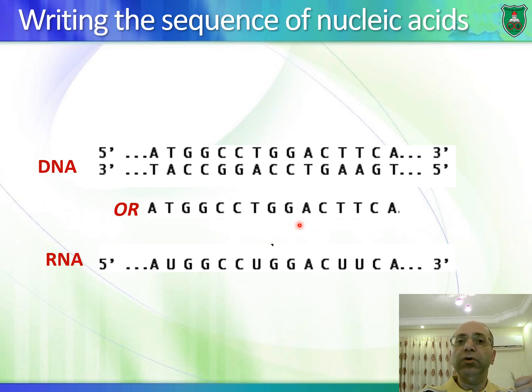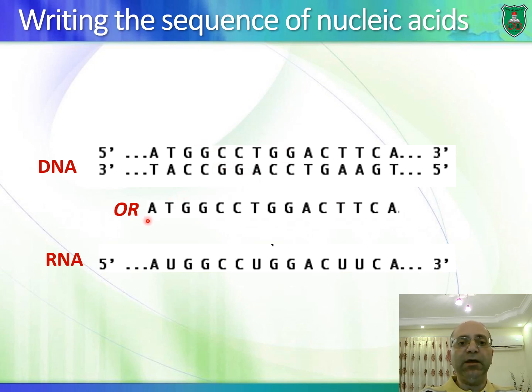One, you don't have to tell me 5 prime and 3 prime, because once you start with A, T, G, G, I know that you are starting at the 5 prime end, and you end at the 3 prime end. Number two, the second thing that you don't have to tell me is what the complementary strand is. You don't have to write this whole thing.